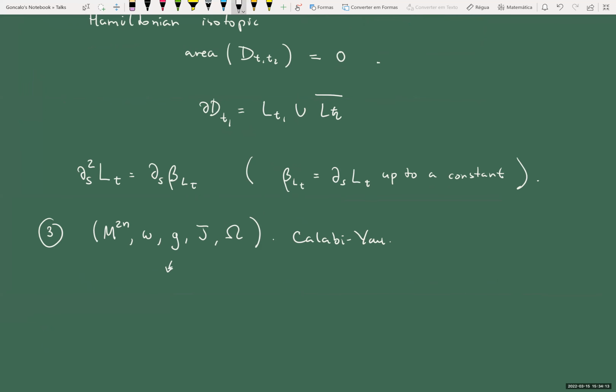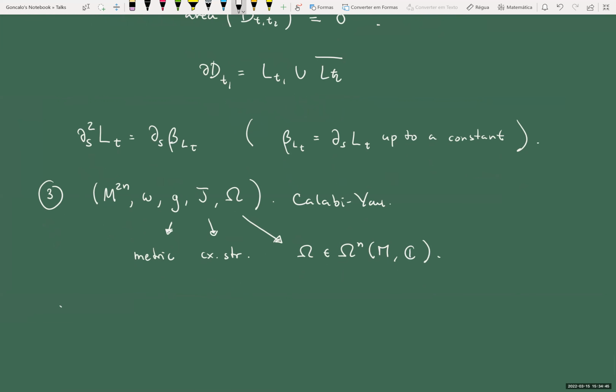Basically, this g is a Riemannian metric, this J is a complex structure, and they satisfy some compatibility conditions, and g needs to be actually Kahler and Ricci flat. And this omega is a complex valued n-form on M, analogous to the previous complex valued one-form that we had, that was dz.